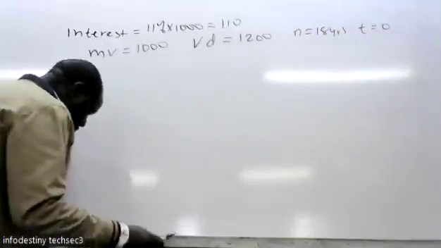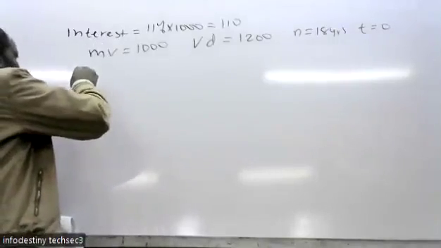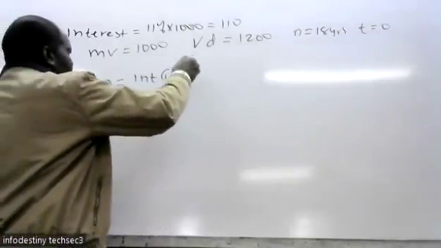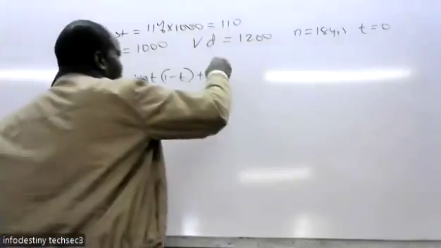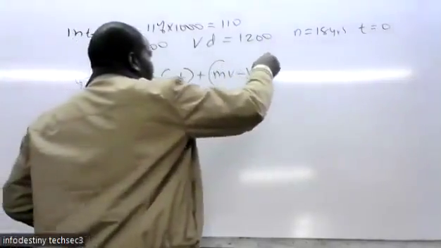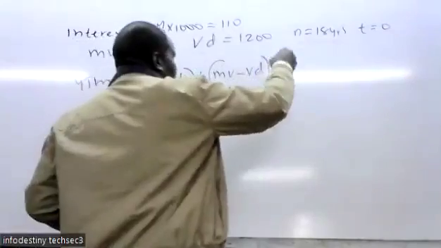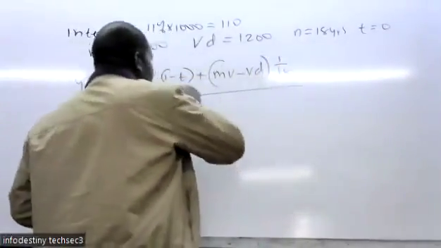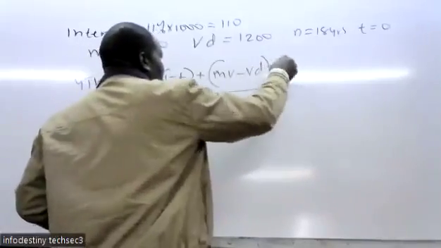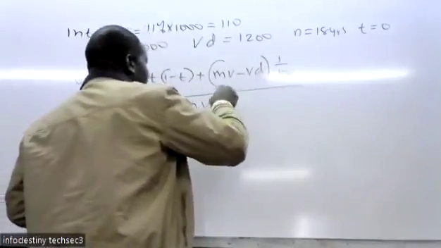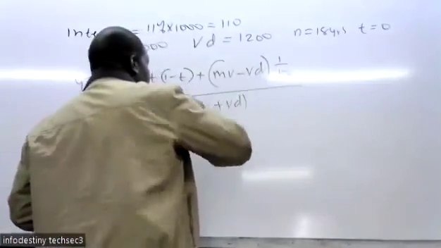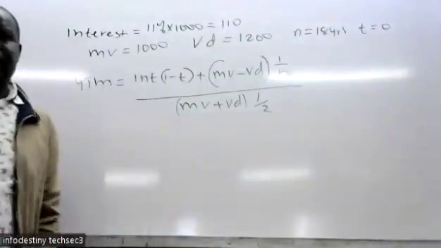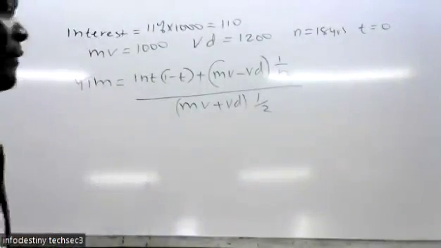To compute the yield to maturity, it is simply interest times (1 minus the tax rate), plus maturity value minus the current value, divided by N, which is 18. Then we divide by maturity value plus the current value, multiplied by half.